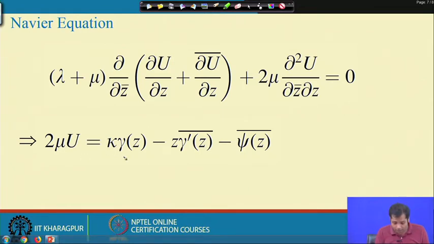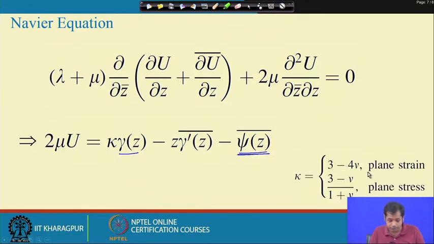Now, you see the gamma z here. This gamma z is the same gamma z, not a separate function; it is the same gamma z that we have in the stress formulation. Then we have one more additional function, psi z; there it was chi z, but psi z and chi z are related to each other. Before that, there is this kappa here.